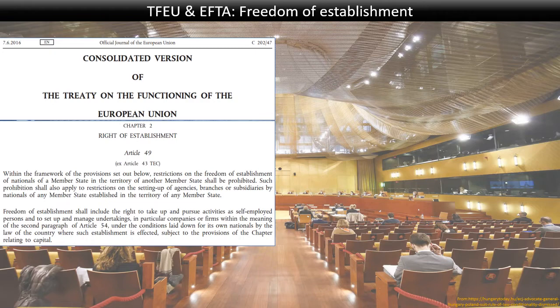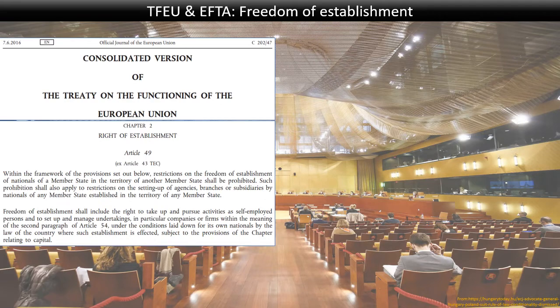And then it goes on to say freedom of establishment shall include the right to take up and pursue activities as self-employed persons and to set up and manage undertakings, in particular companies or firms within the meaning of the second paragraph of Article 54, under the conditions laid down for its own nationals by the law of the country where such establishment is effective.